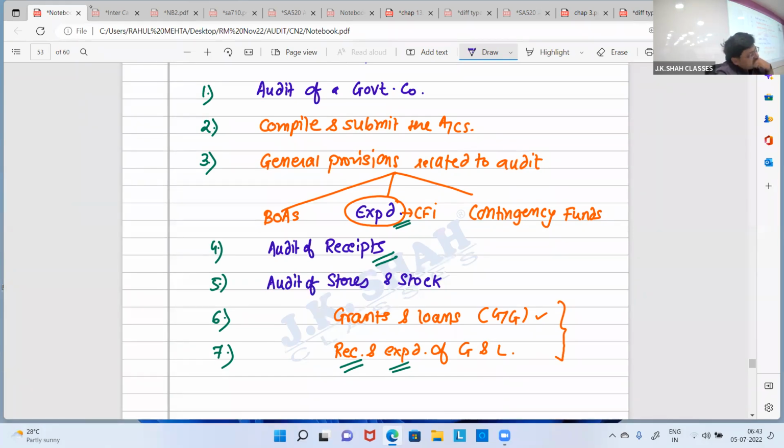In the general provisions, how many things are there? 10, no? Which 3? Then expenditure should be equal from what? What is CFM? And lastly, audit of receipts and expenditure of grants and loans.